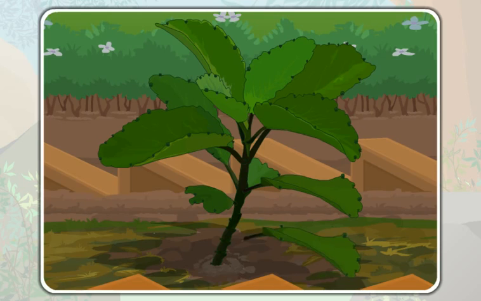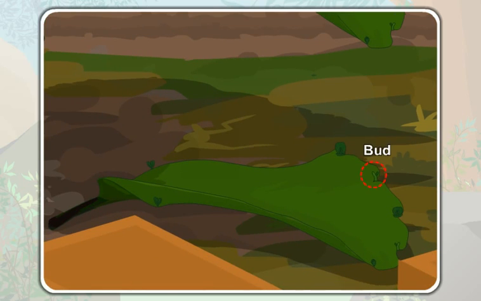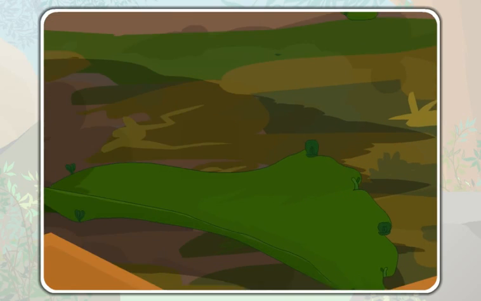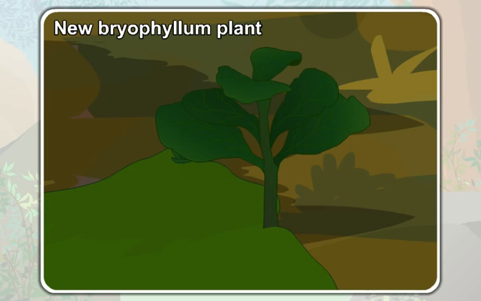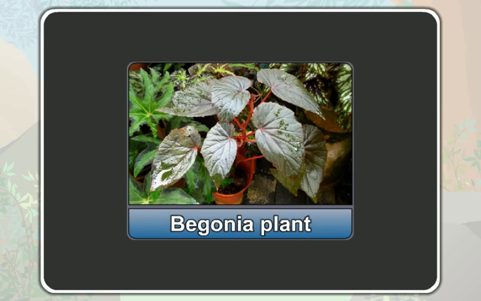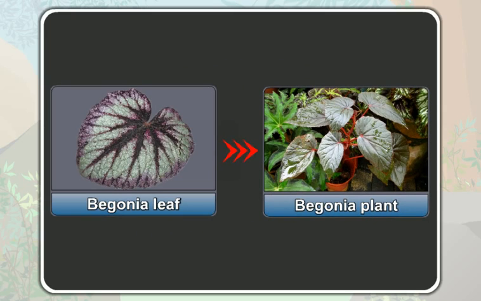When the leaf drops down on the ground, the bud on the leaf gets soil. Then it grows into a new Bryophyllum plant. So, a Bryophyllum plant reproduces from its leaves. A begonia plant also reproduces from its leaf.